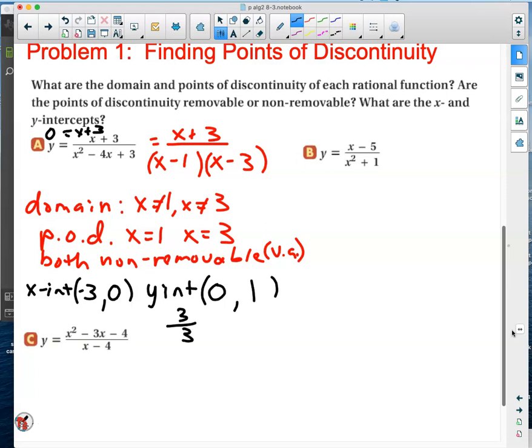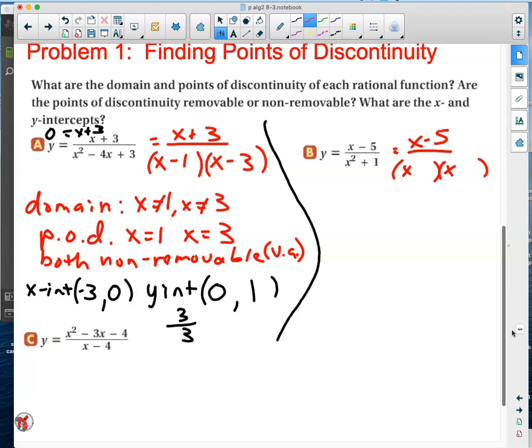All right, let's go to B. X minus 5. Can we factor that anymore? That's done, huh? How about x squared plus 1? Can we factor that? Well, let's try. Two numbers that multiply to positive 1 and add to 0.